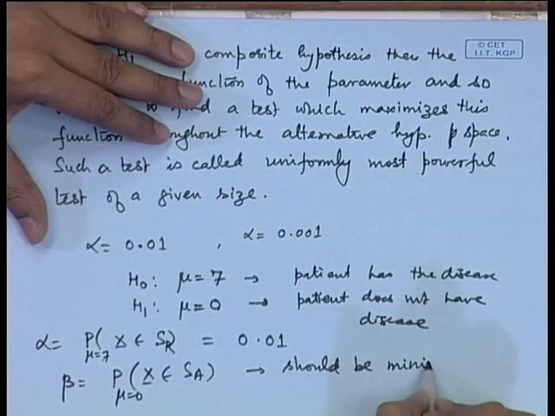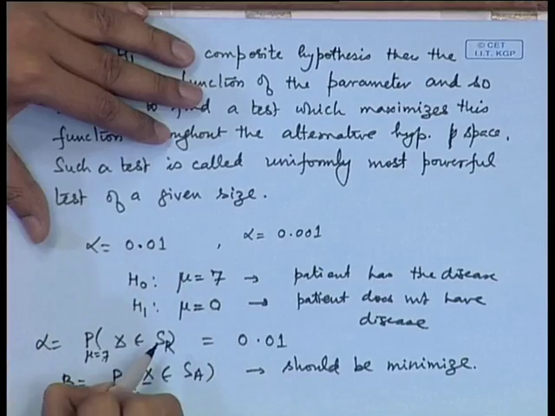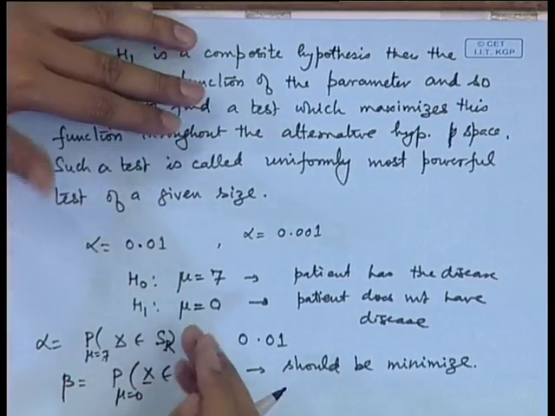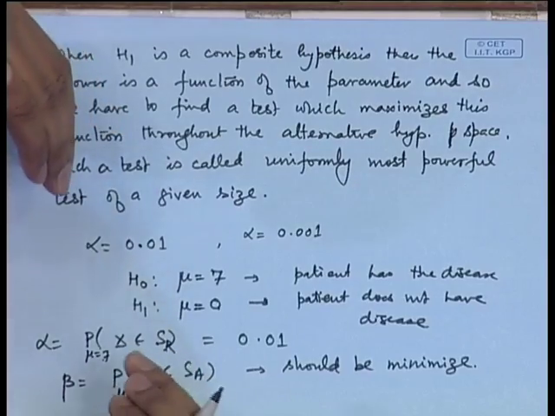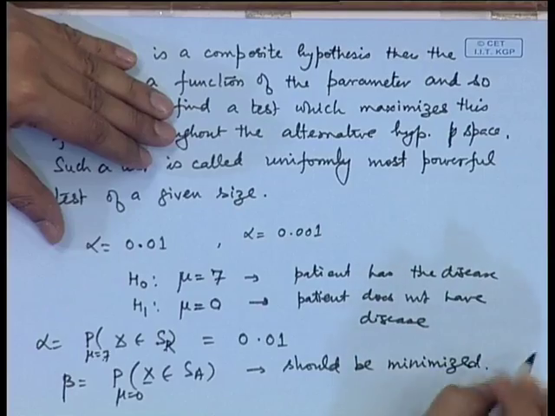That means we should find a test procedure. Determining a test procedure means that we are fixing SR and SA. So, find that procedure which gives you SR and SA in such a way that this beta is minimized. This is the theory of finding optimal tests, or you can say most powerful tests.